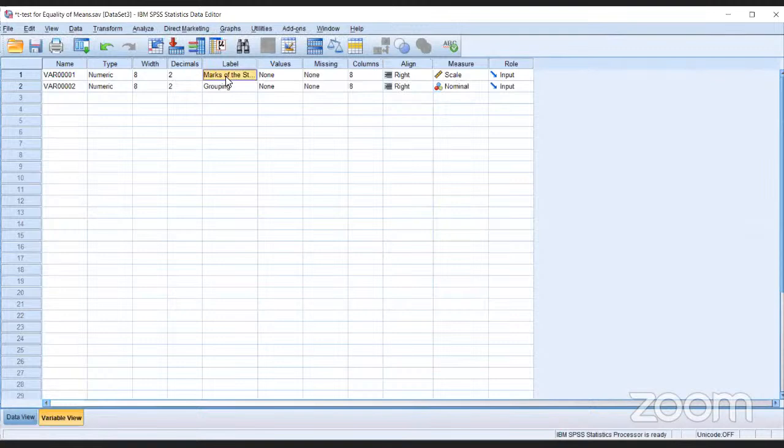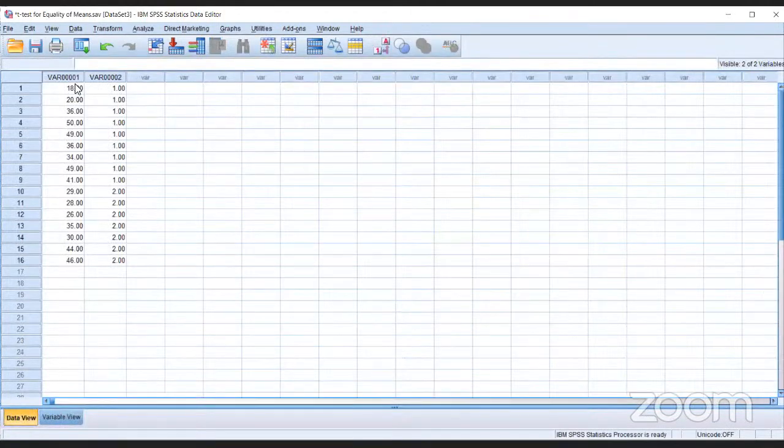Okay, so this is the thing you need to remember when you do the test of equality for the t-test. Marks we are entering in the data view. We are entering all the observations in the first column, and the grouping variable we are giving in the next column.